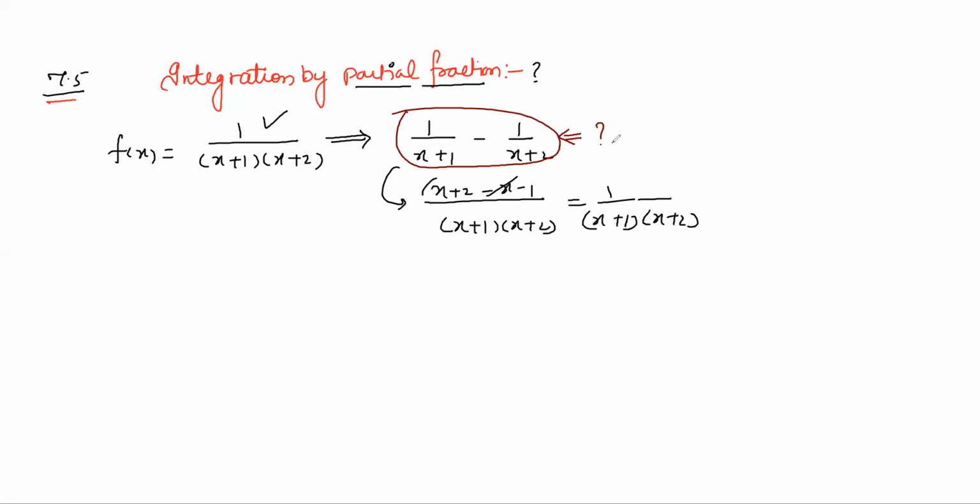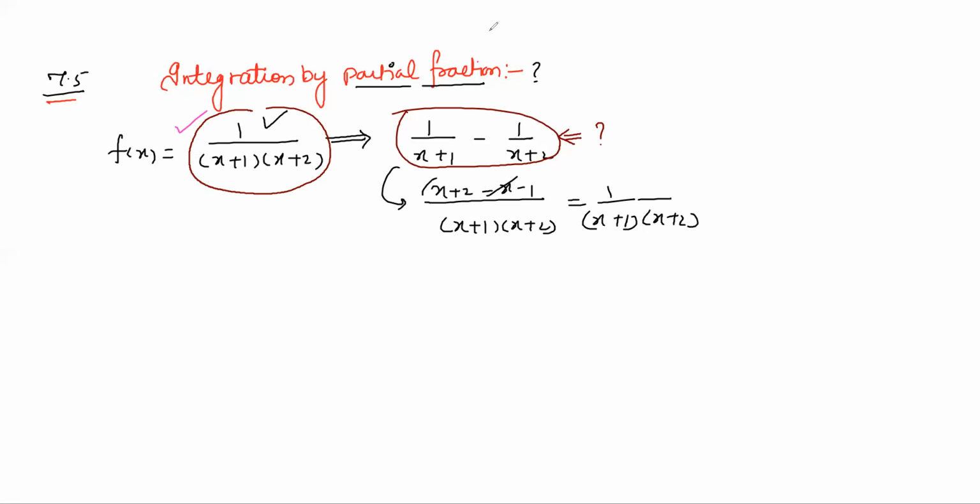What you're doing here is partially fractioning your given function according to different forms, and those forms are listed below. I'm making a table, and we'll see that this is not the only form of question; there may be many other forms.